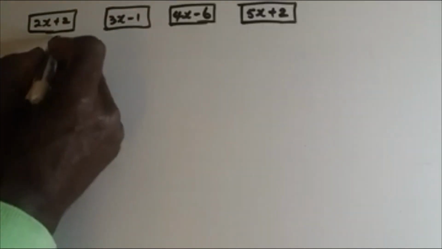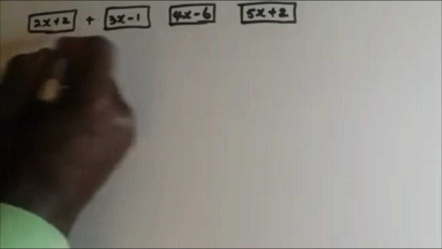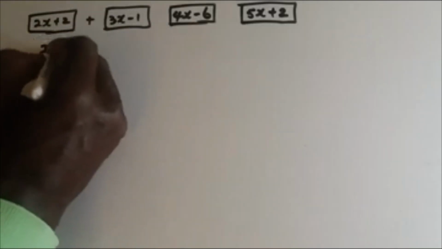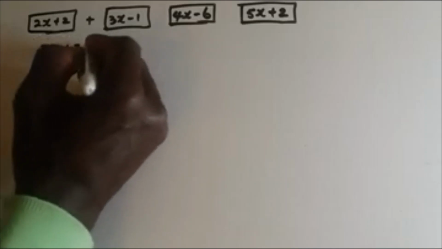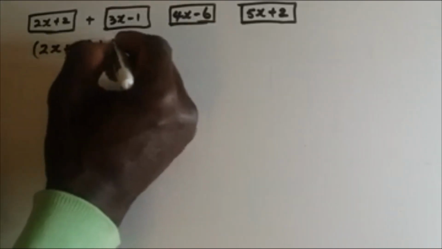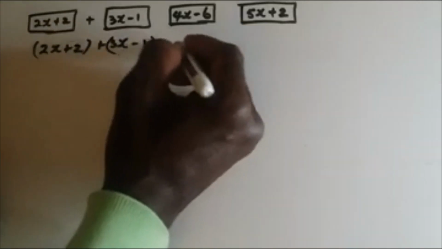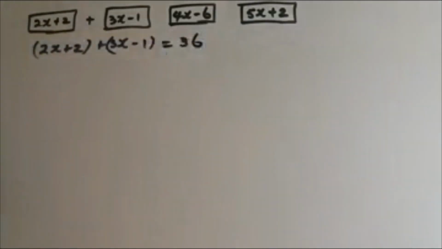So the sum of this and this one is equal to 36. So we can write that as 2x add 2, add that to 3x minus 1 is equal to 36. And then we need to work out the value of the median of the four numbers.